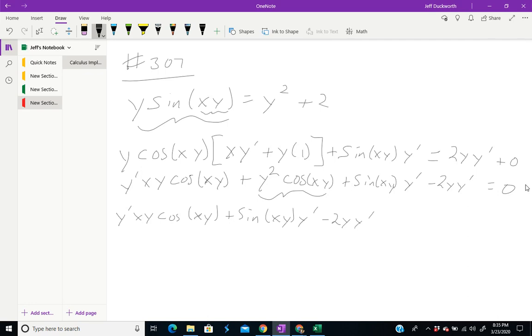These three parts, the other three parts, are going to be left here. I'm going to subtract a y squared cosine of xy. I'm going to factor out the y prime so that I can divide by the big mess that's going to be left.